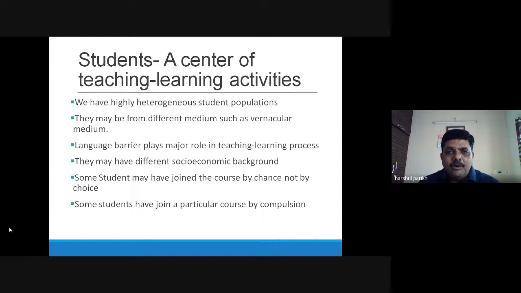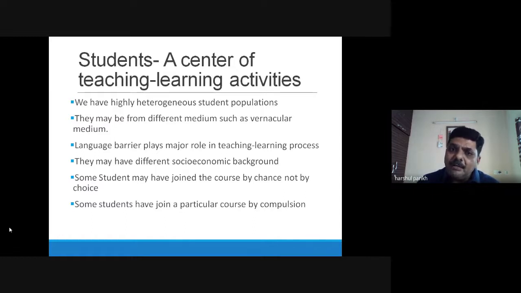They are from different socio-economic backgrounds. That is another barrier for us. Certain times students have joined a course by chance, not by choice.